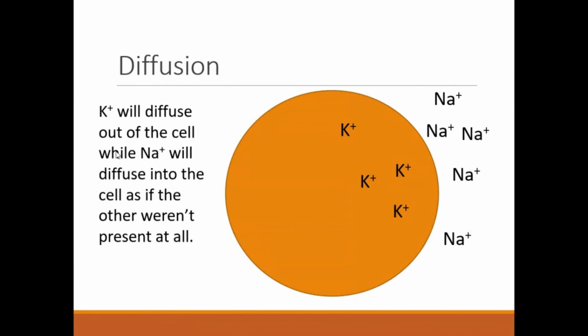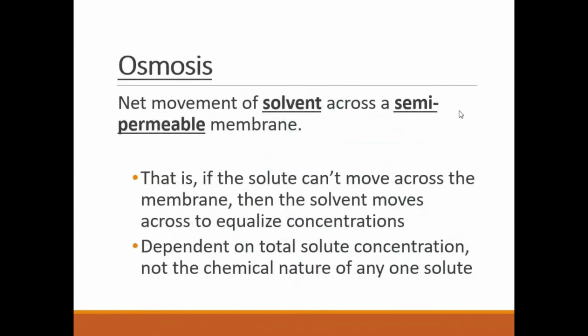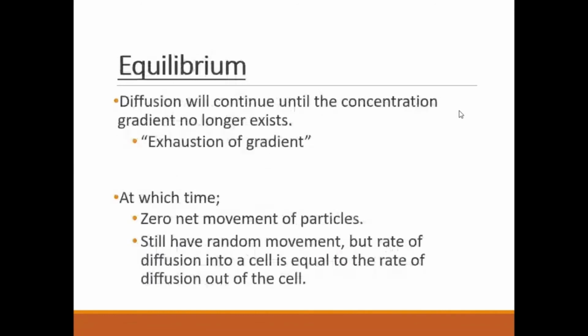So to go back to a drawing that we have here handy, let's assume for a moment that those sodiums can't diffuse across. They're stuck out here. Now water will leave the cell and go out into the high concentration of sodium. So it's solvent movement. Now this is going to be dependent on the total solute concentration, not any one particular solute.